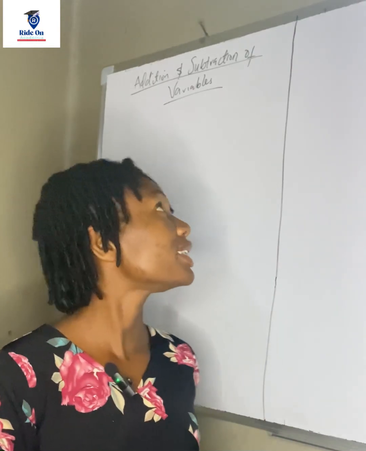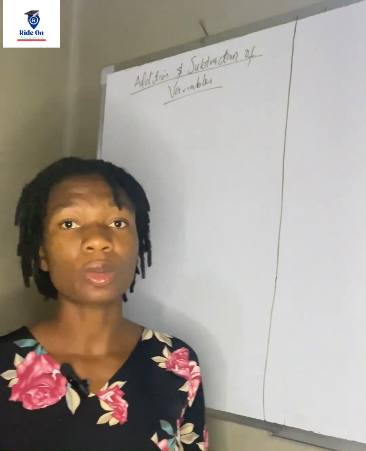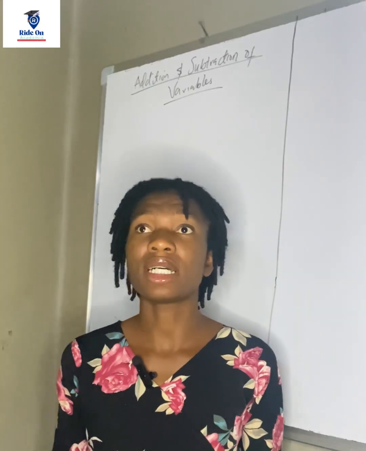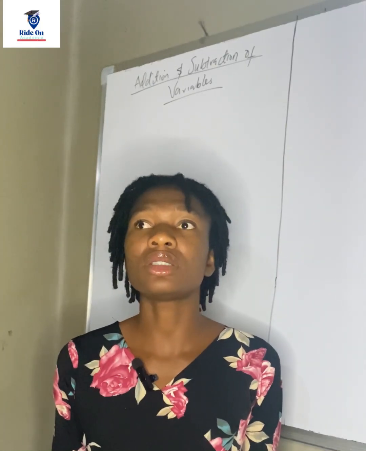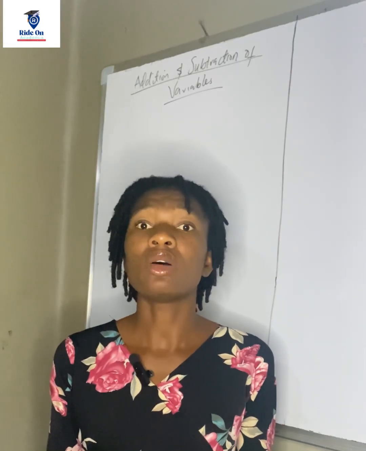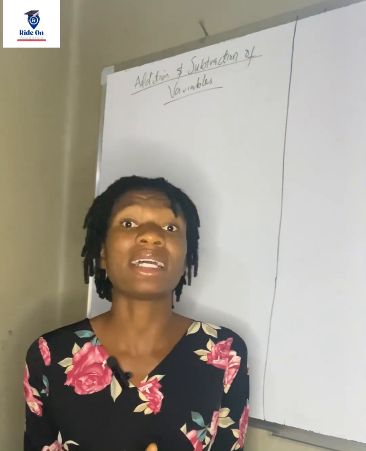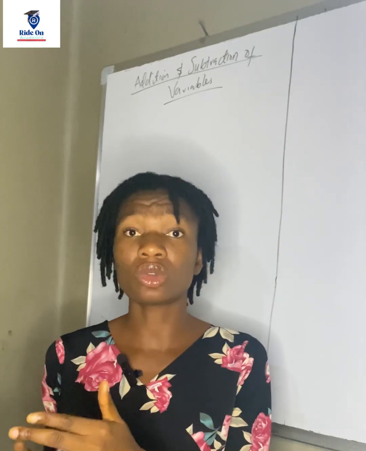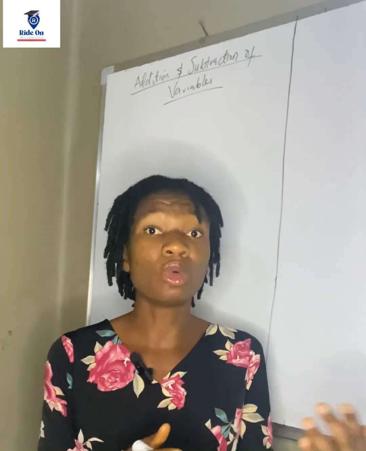Today we're going to be looking at addition and subtraction of variables. Over time we have come to see that most people have this issue of understanding what to do when they are presented with a situation that involves addition of variables and multiplication.